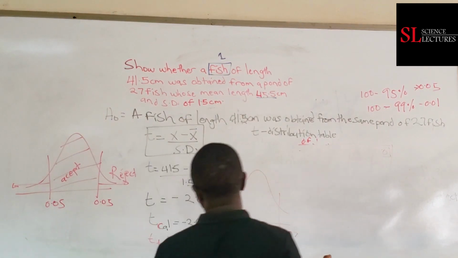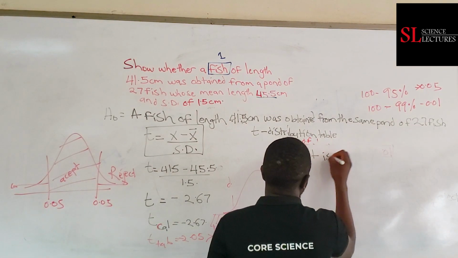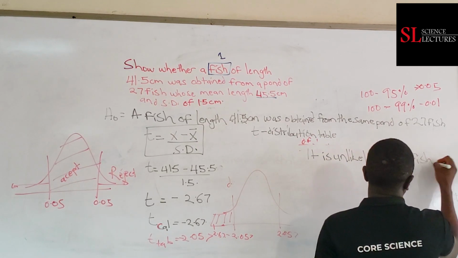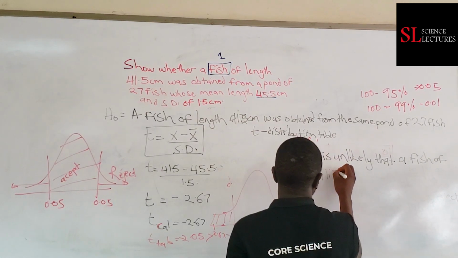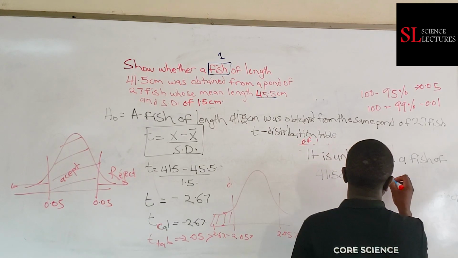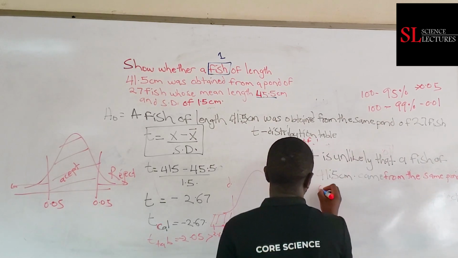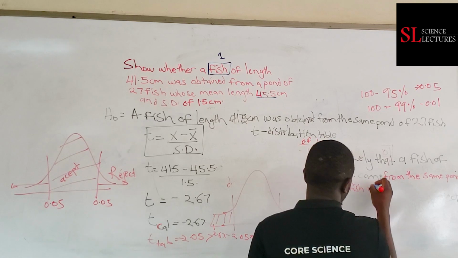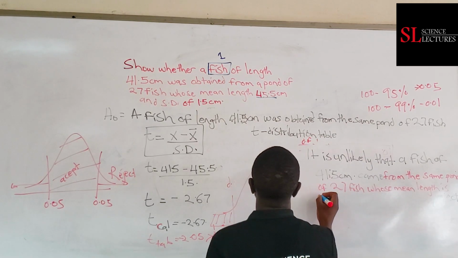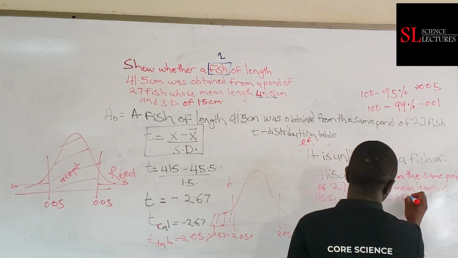So you come back and explain to whoever is reading the results that it is unlikely that a fish of 41.5 centimeters came from the same pond of 27 fish whose mean length is 45.5 centimeters and standard deviation is 1.5 centimeters.